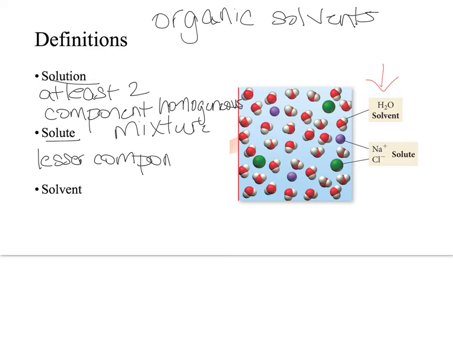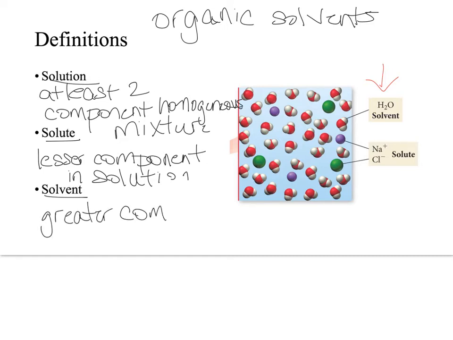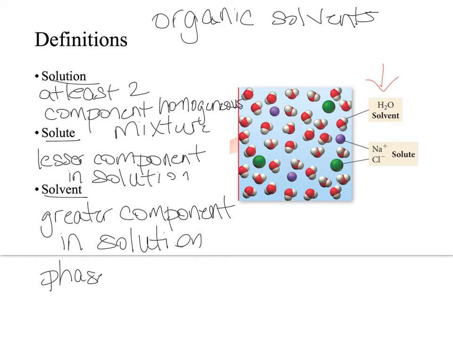Another way to say that is whichever one I have less of. Lesser component in the solution. And the solvent is the greater component in the solution. It also typically defines the phase of solution.